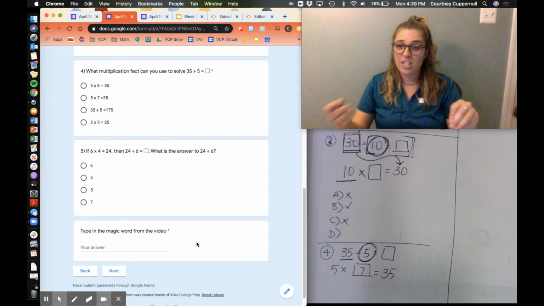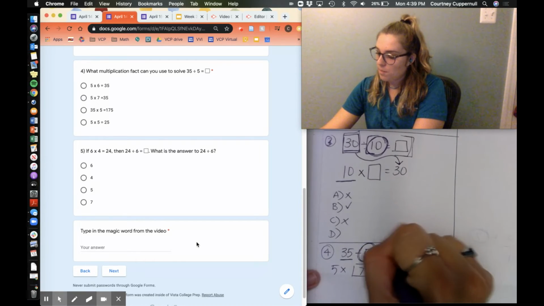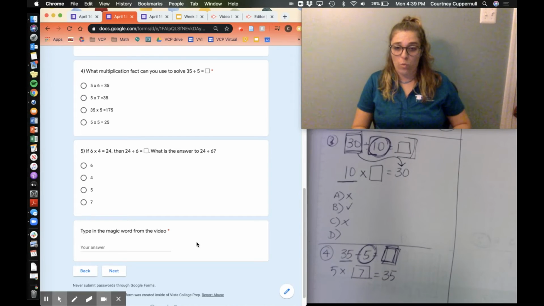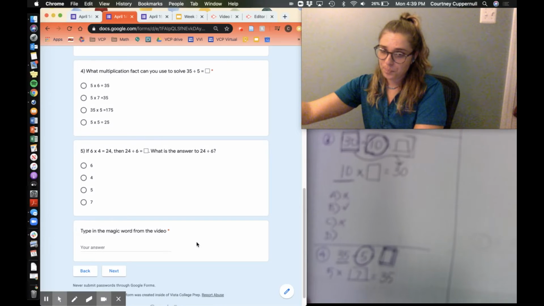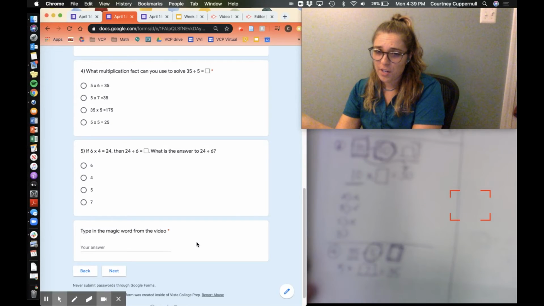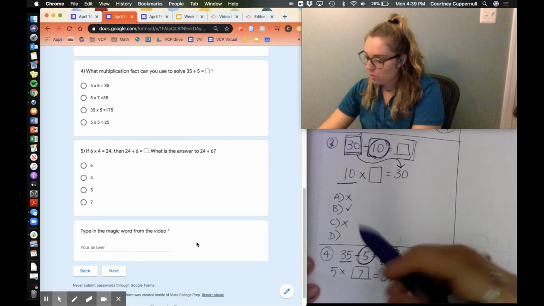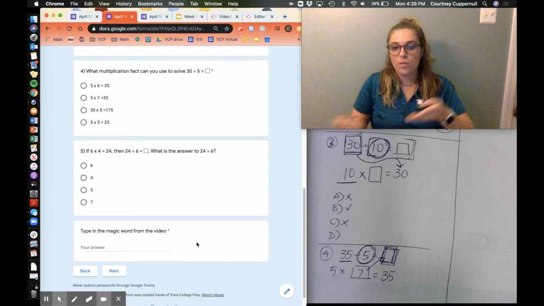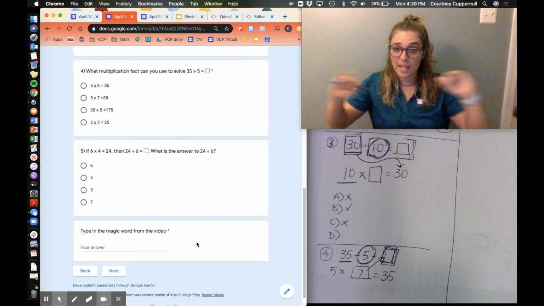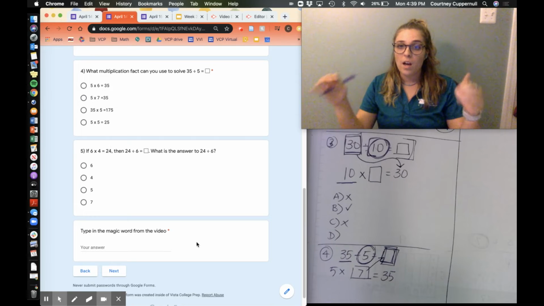I can use the fact that 5 times 7 equals 35 to figure out what goes in my unknown, what my quotient is, because just like we can move them around, we can move our numbers around. We can move that 7 into here because we can think about it as, well, now we know if I split 35 into groups of 5 or into 5 groups, I will have 7 in each group.